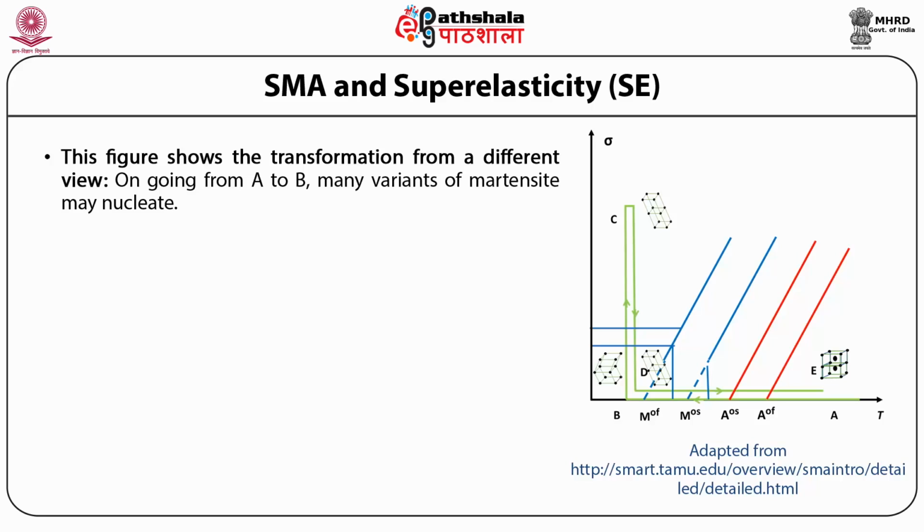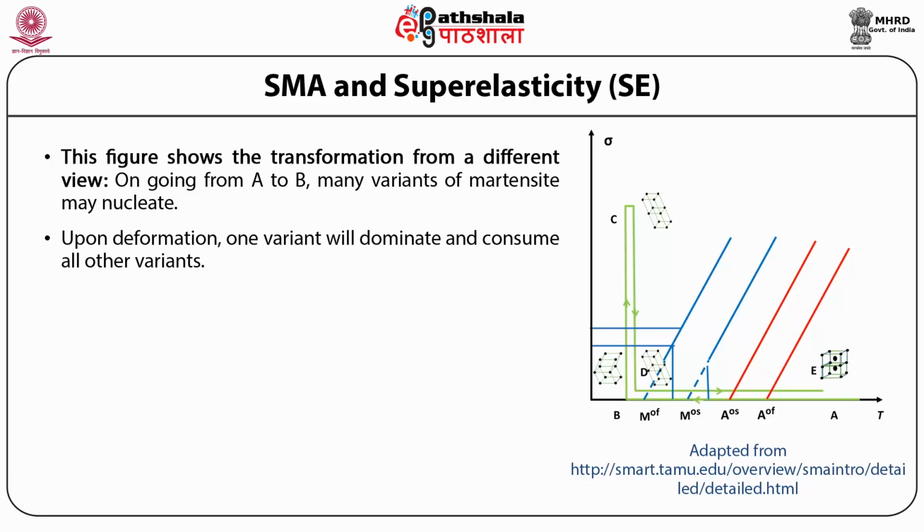However, on going from B to C, upon loading or applying stress, one variant of Martensite will dominate and consume all other variants. Upon unloading, there will be no change in the microstructure and hence no change in the strain.